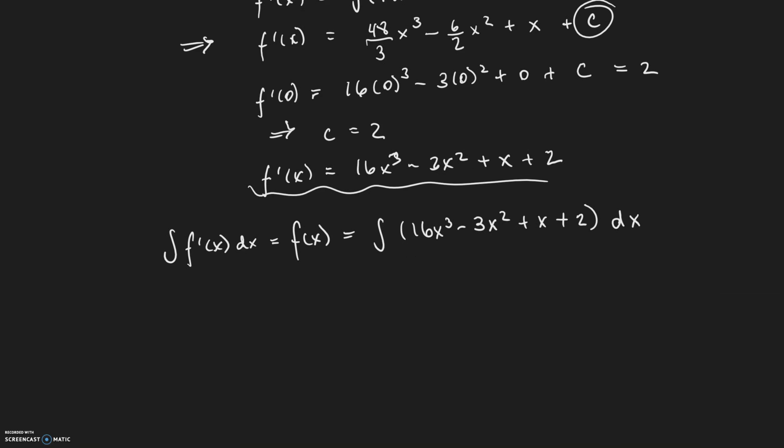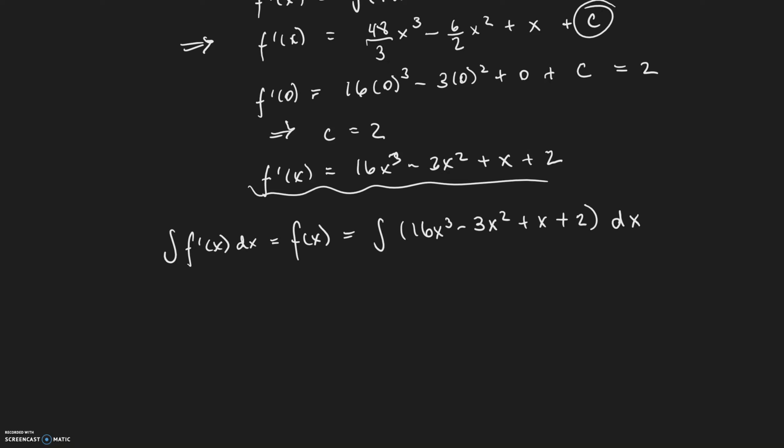We use our formula, the antiderivative of n x to the m with respect to x, where n and m are constants, is going to be equal to n over m plus 1 x to the m plus 1, right?